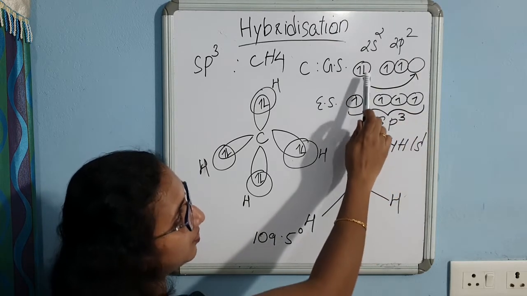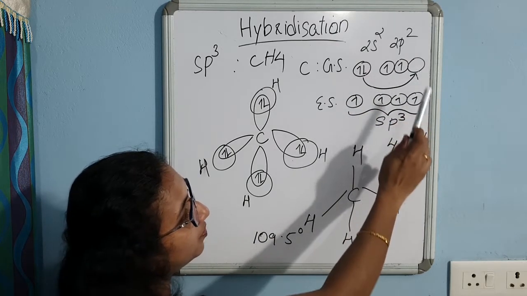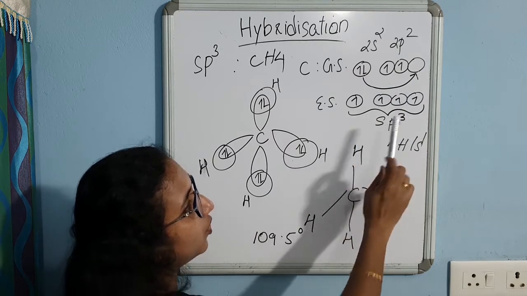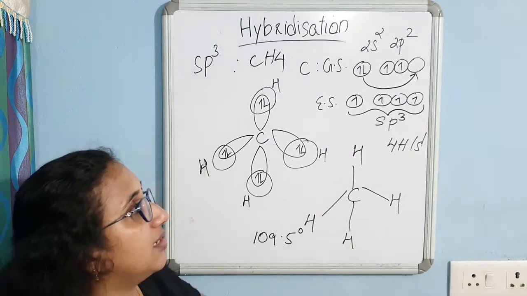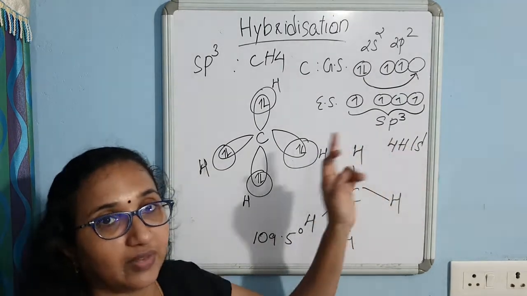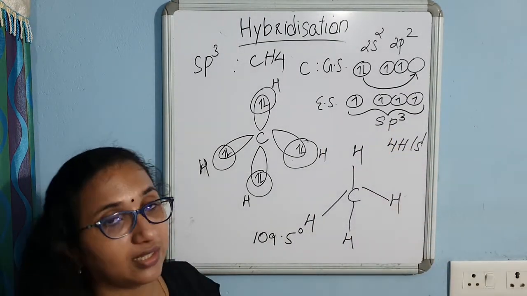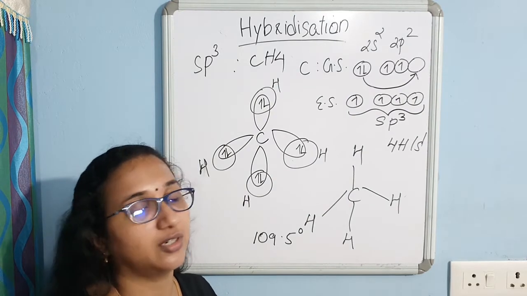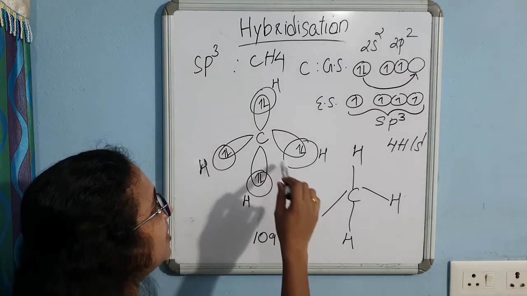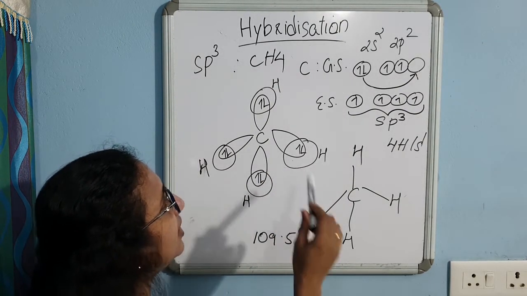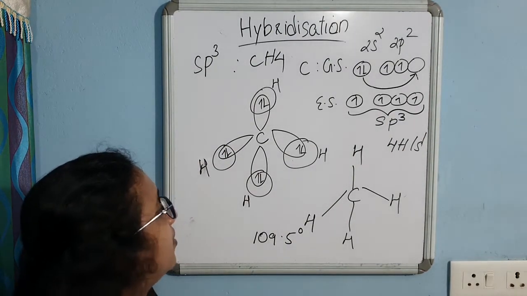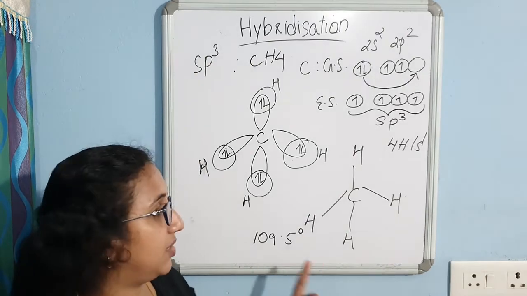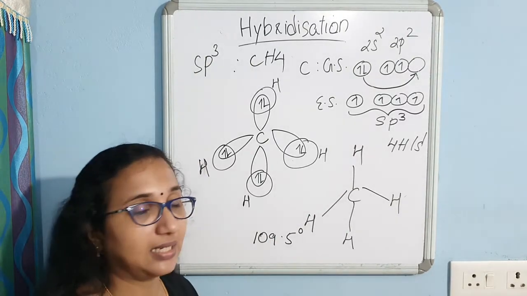So one of the s electrons gets promoted to the 2p level, and the newly formed 4 half-filled atomic orbitals, 1s and 3p, mix together to form 4 sp3 hybrid orbitals, and these 4 sp3 hybrid orbitals are oriented along the corners of a tetrahedron at a bond angle of 109 degree 28 minutes, or let's say 109.5 degree.